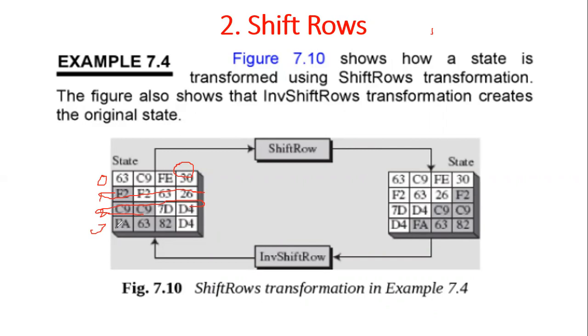And in the third row, the 3 byte shift: D4 will come first, then FA 63. This is the operation performed in shift rows. And for decryption, you will just perform the inverse of this process.